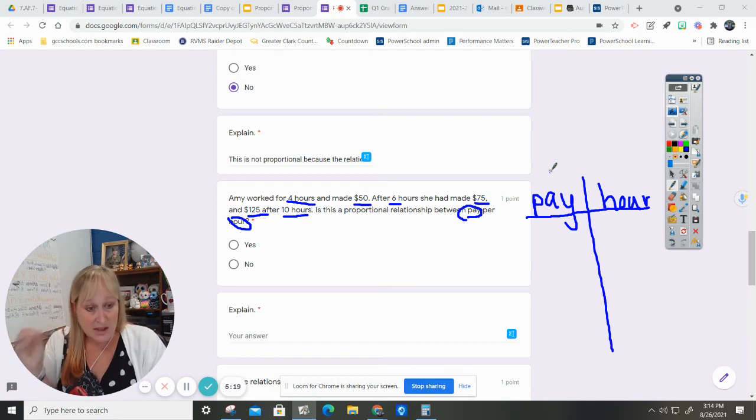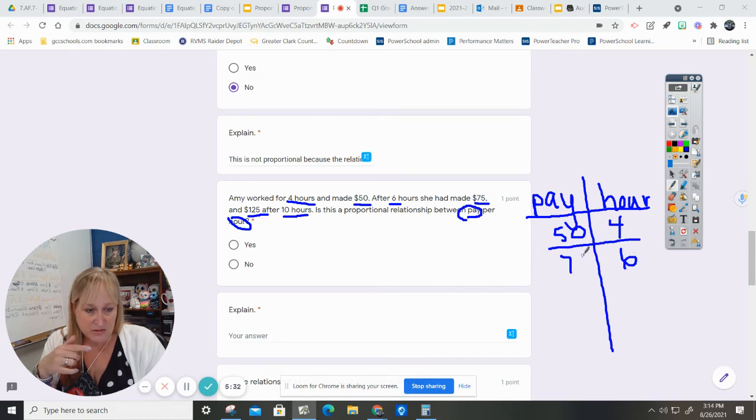Pay is depending on your hours. So I'm going to fill in some information. I worked 4 hours and I got $50. I worked 6 hours, got $75. I worked 10 hours, got $125. It's a good pay rate.